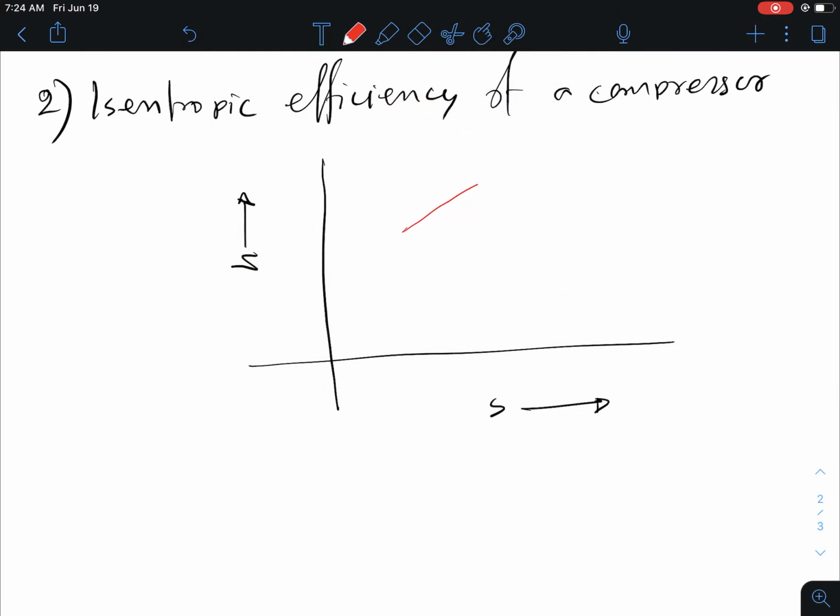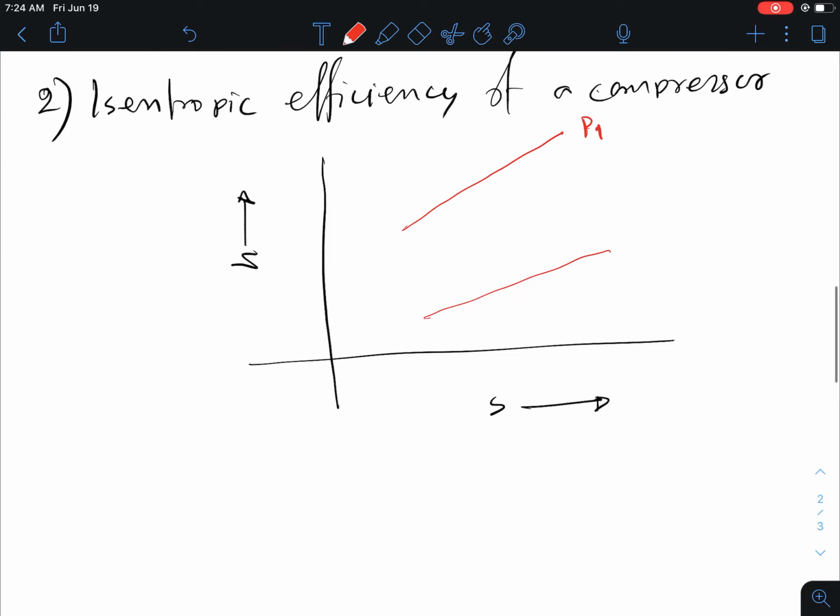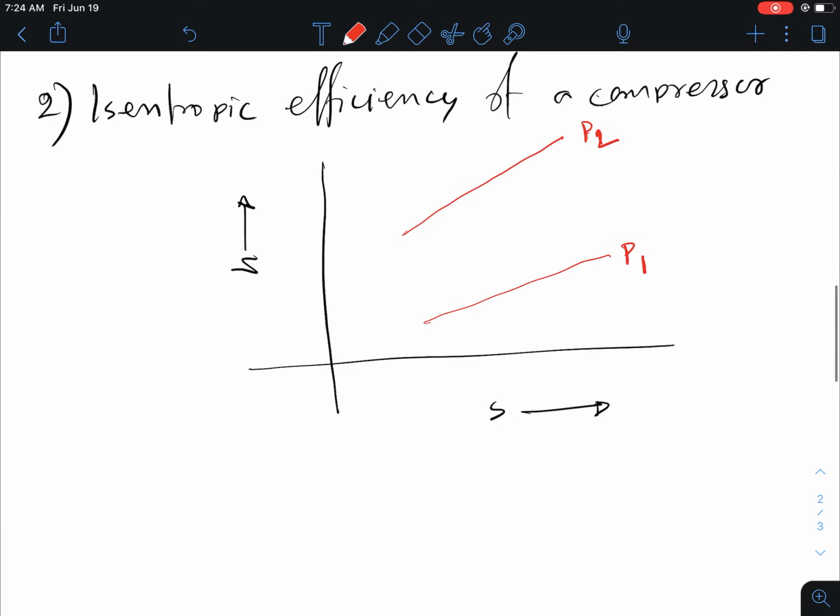Okay. So this is the P1 state and this is the P2 state. So for a compressor, pressure is increasing, right? So it will be low pressure and high pressure. P1 will be this one and P2 will be the other one.